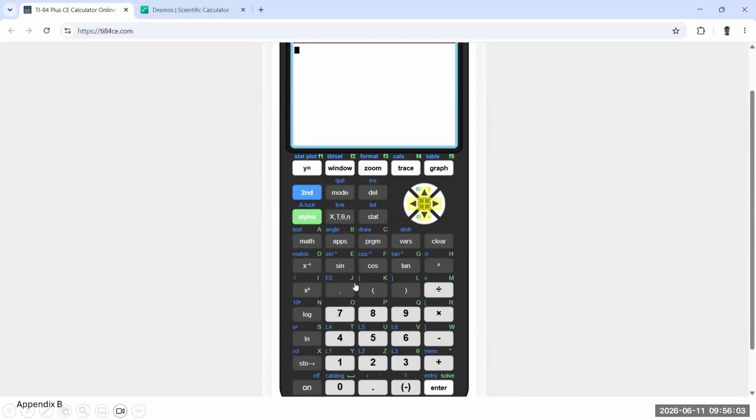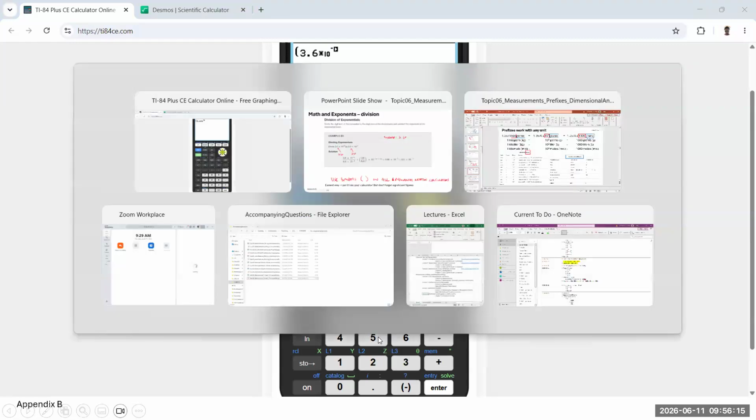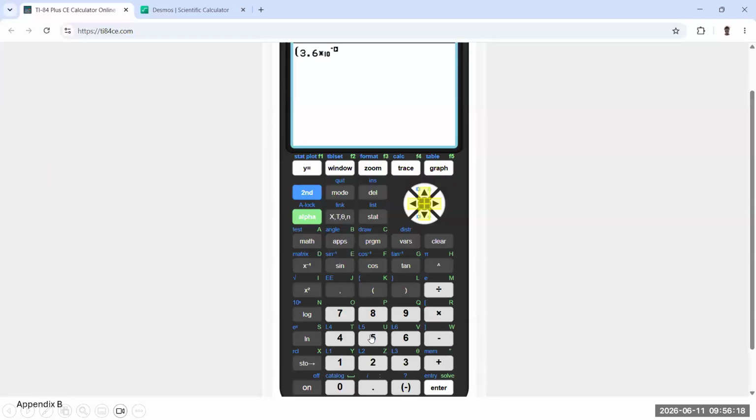Oops, already forgot. 3.6 times 10 to the negative 5, arrow to move over one, then close parentheses, divided by open parentheses 6.0 times 10 to the negative 4, arrow, close parentheses, and then enter.